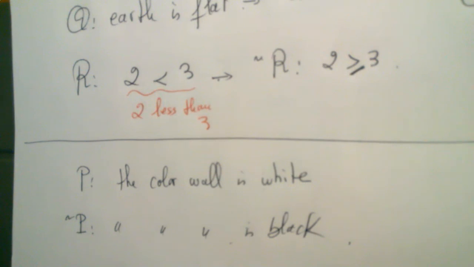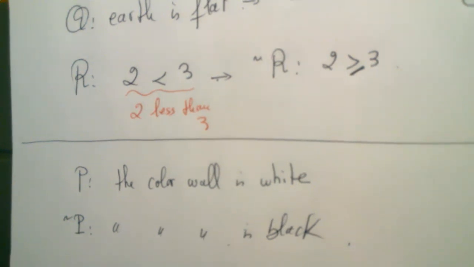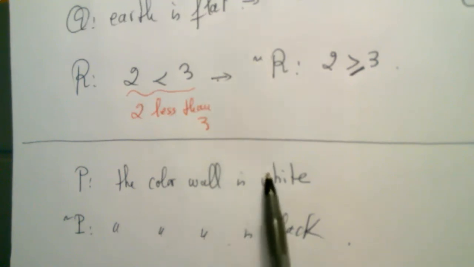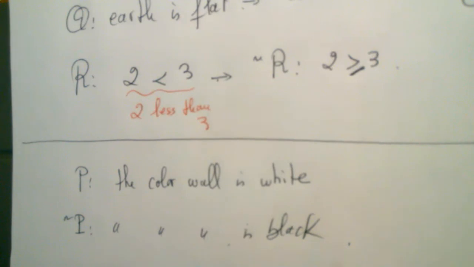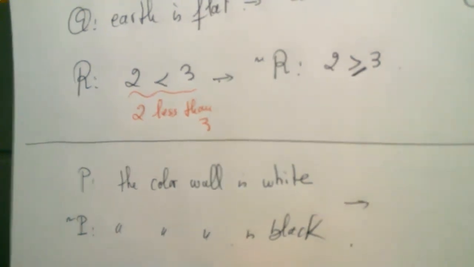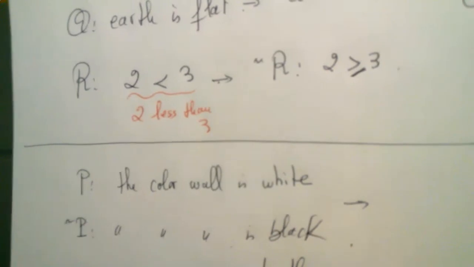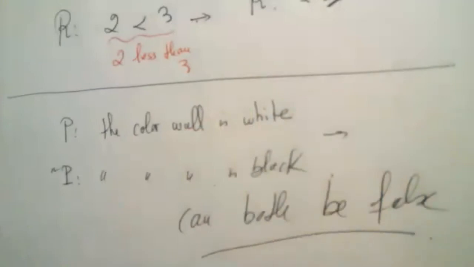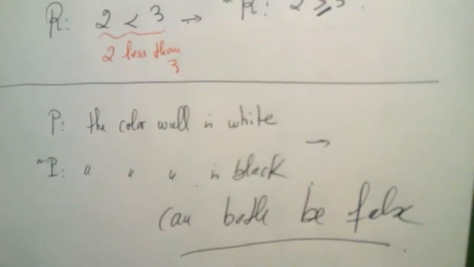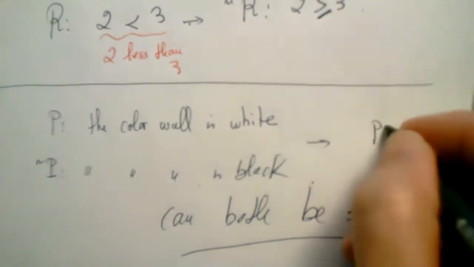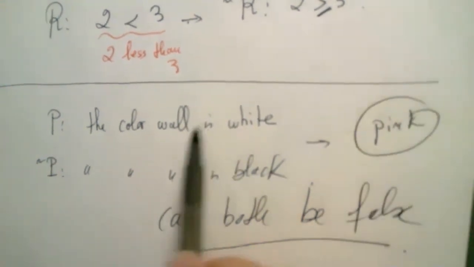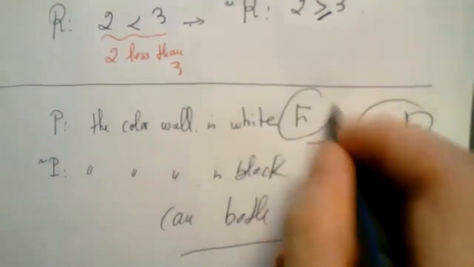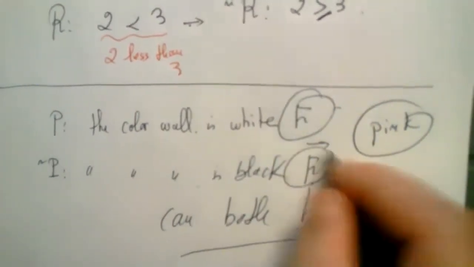Suppose the color in my room is pink. No, sorry. Can both be true? The color is white and no, I meant can both be false? My apology. Can both statements be false? Suppose the color in my room is pink. This would be false, and this would be false.